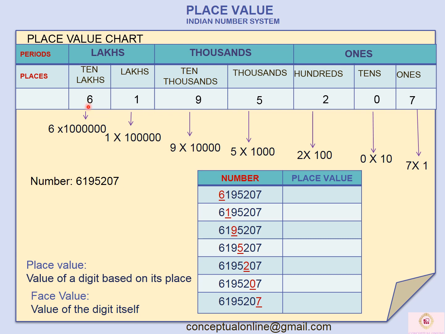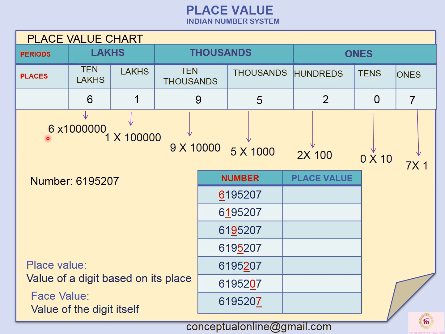The place value, as I told, is calculated by multiplying that particular digit with the place name written in figures. 10 lakhs is written as 1 followed by 6 zeros. The child also should know how to multiply the digits.